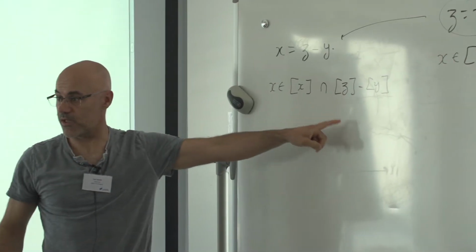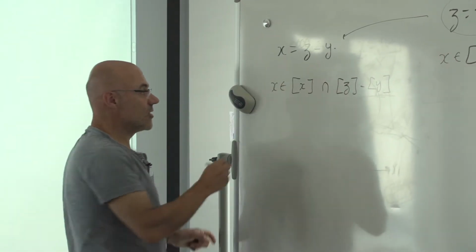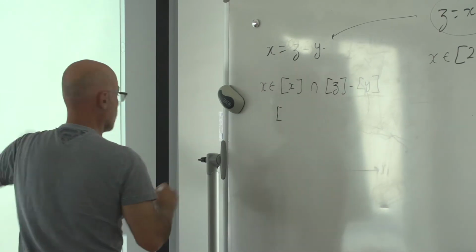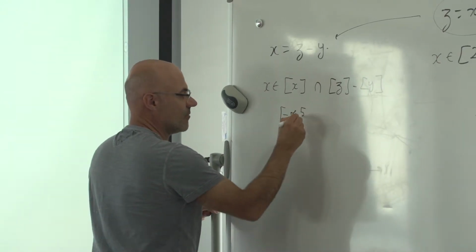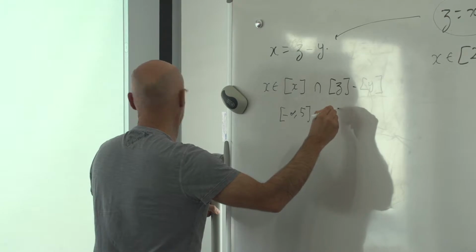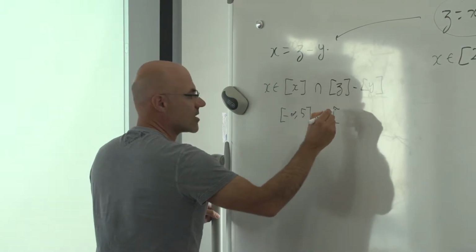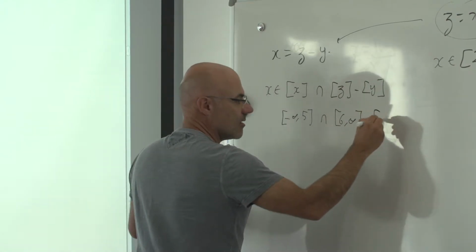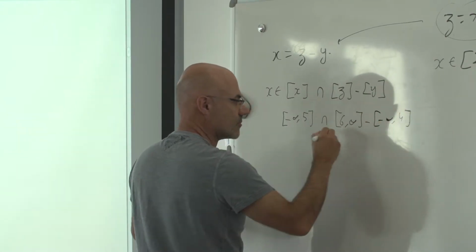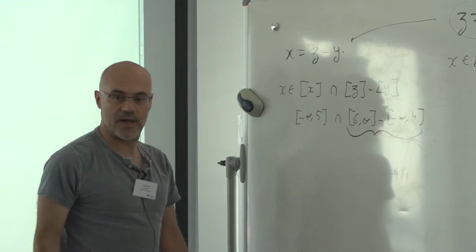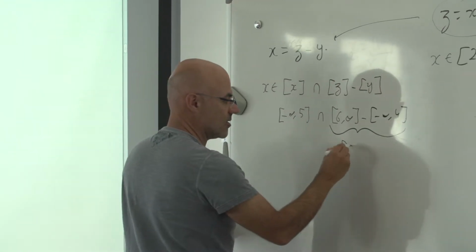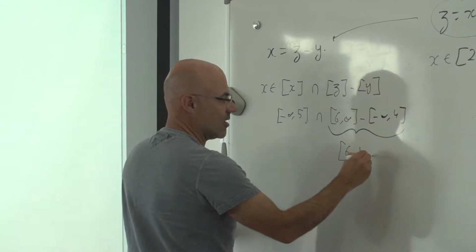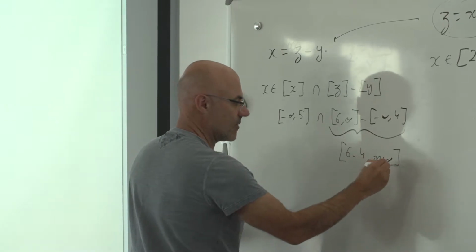If you understood. So it means that x belongs to minus infinity 5, but also to 6 infinity minus infinity 4. This corresponds to 6 minus 4, infinity plus infinity.